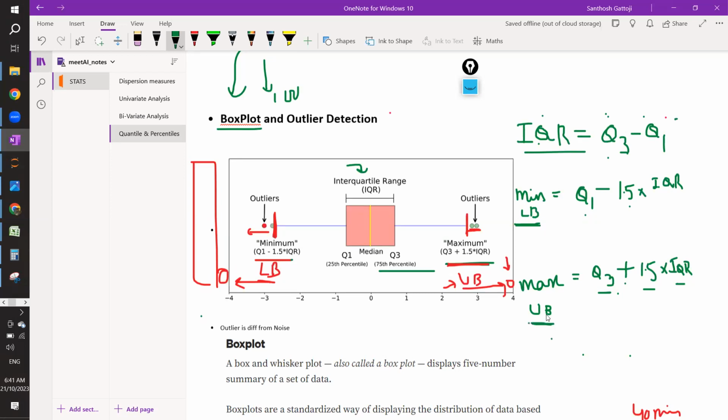Any value less than the lower bound will be an outlier. Similarly, any value greater than the upper bound can also be an outlier.